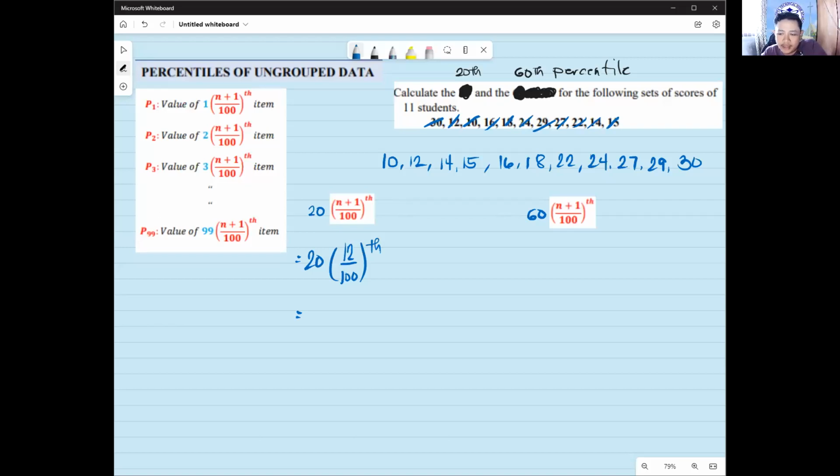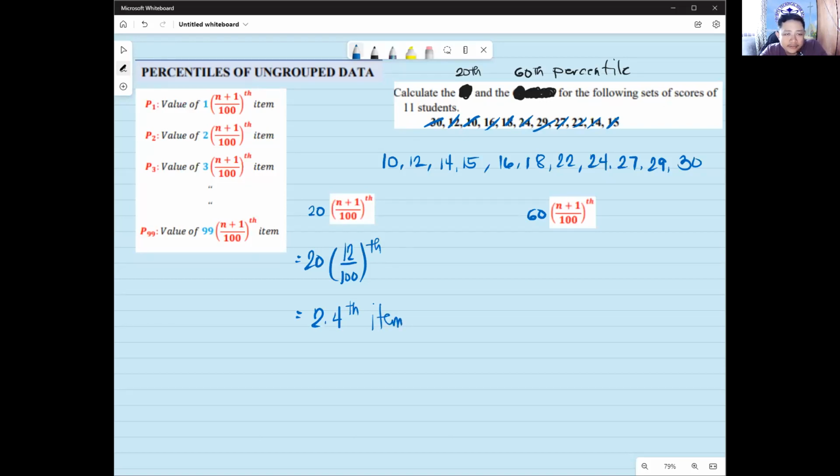Okay, so they are now getting the same answer, which is 2.4. Sila tama kasi yung sinolve nila sa papers nila. Very good. Okay, so therefore we will get here the item on the 2.4 position, because I don't know how to read 2.4th. Maybe 2.4th item. Ayan.